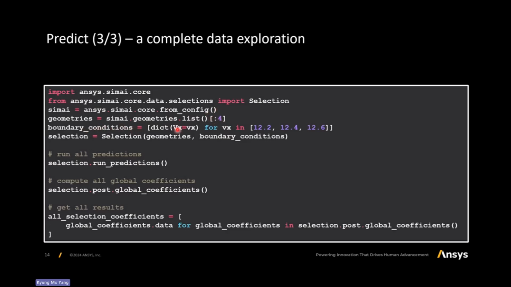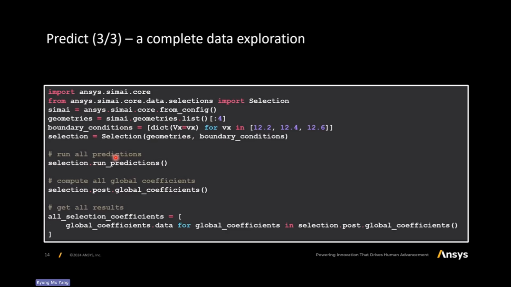You are saying, for each of these geometries, set a certain set of boundary conditions, which are for velocity in the x-axis, for example, 12.2, 12.4, 12.6. We will say, we have this set of geometries and this set of boundary conditions for velocity at axis x, and we are going to associate them by a one-to-one mapping through this selection object. And once we do this selection, we can run the prediction.